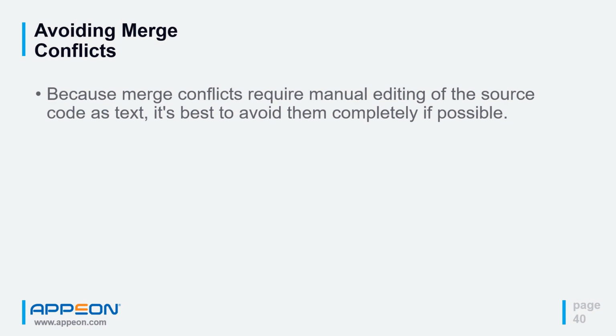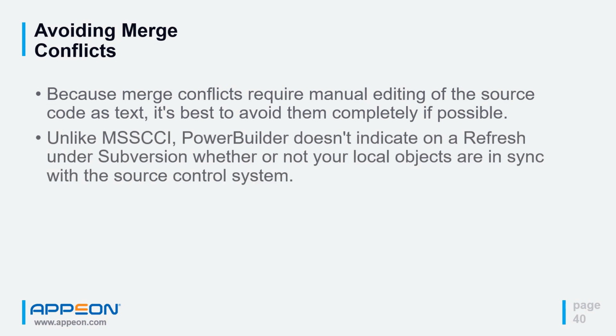Now, one of the reasons you might have a merge conflict is because when you're using Subversion, it's not like the old MSCCI where it would poll fairly regularly to make sure that you actually had all the objects up to date. So one of the things you're going to want to do, before you go to edit an object, is make sure that you're in sync with the source control system.